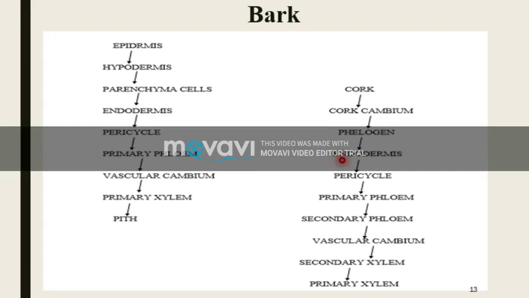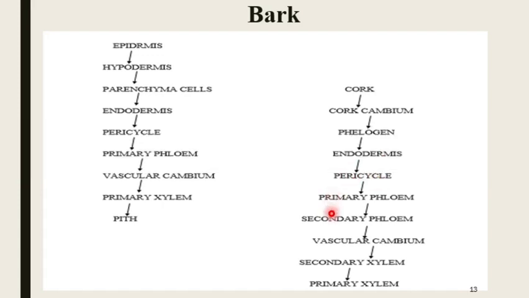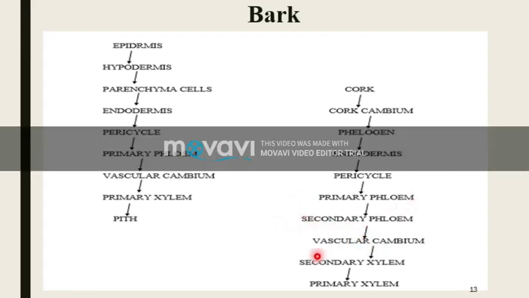Inner to the endodermis, pericycle is present, then primary phloem, then secondary phloem, which results from the secondary growth formed by vascular cambium. It forms secondary phloem on the outer side and secondary xylem on the inner side, and the innermost part is primary xylem, which covers the whole part of the pith.